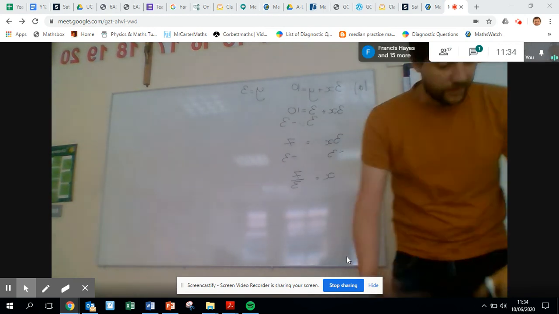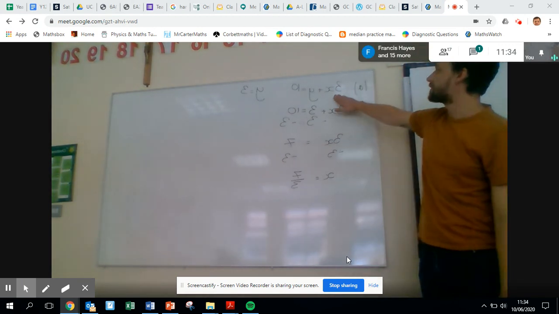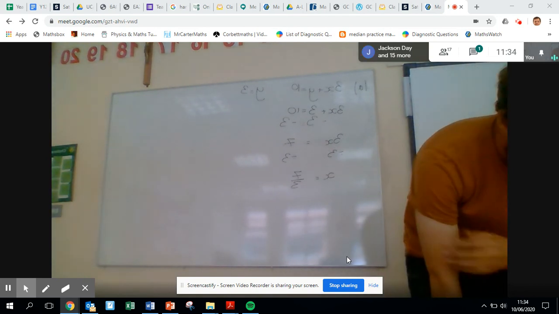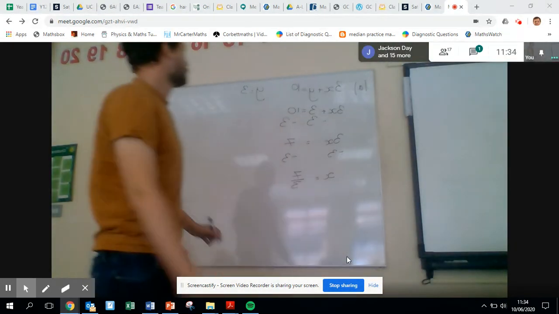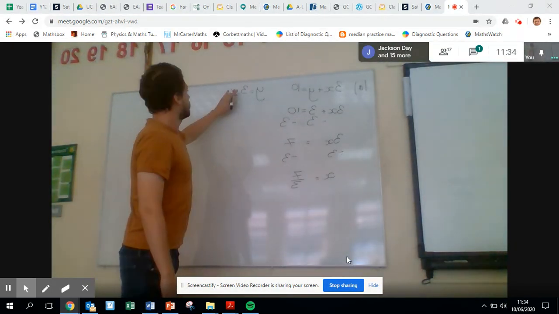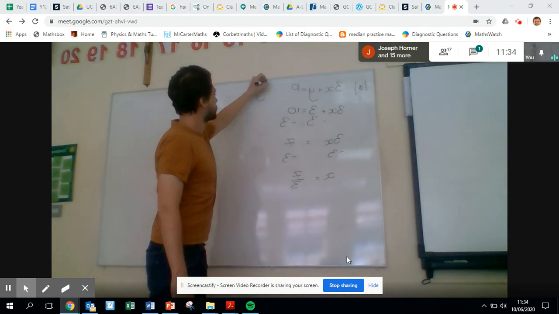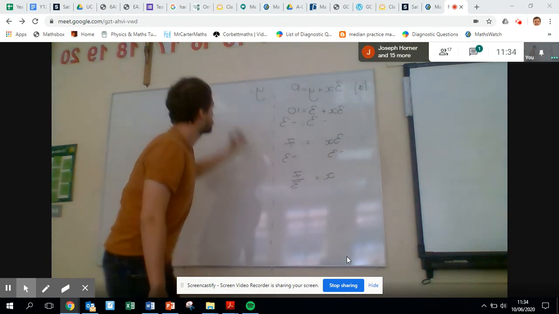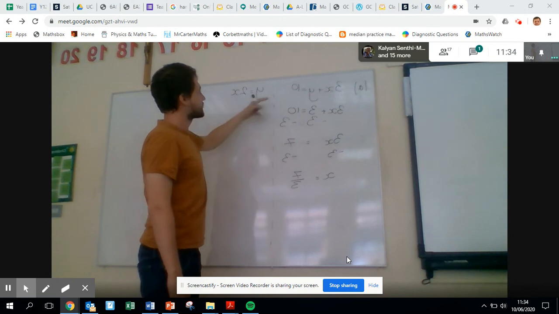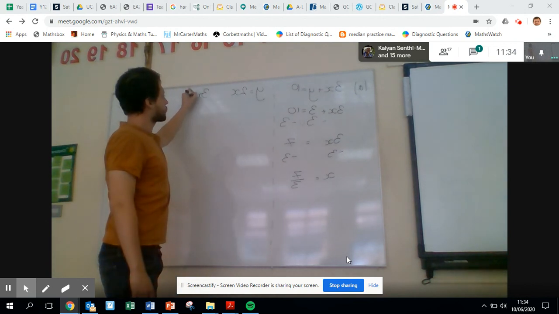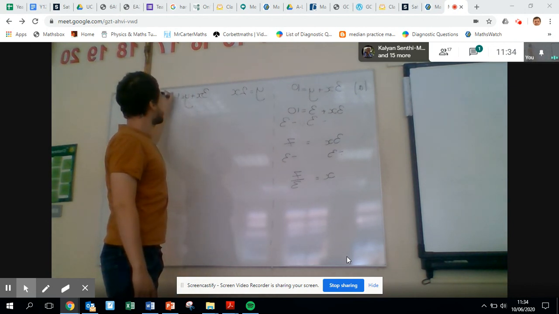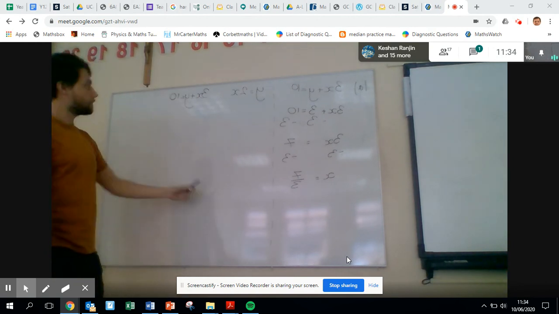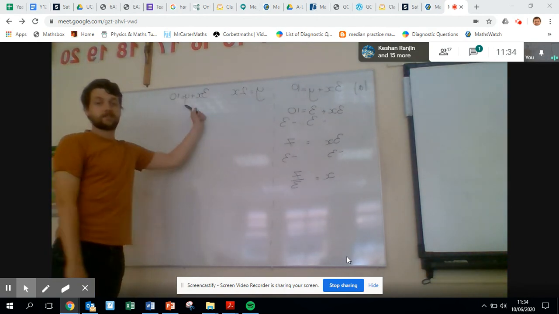The next question, very similar, the same 3x plus y. We now want to find out what x is when y is equal to 2x. So y is now 2x, and we still have 3x plus y equals 10. Again, we substitute our value for y into our equation.